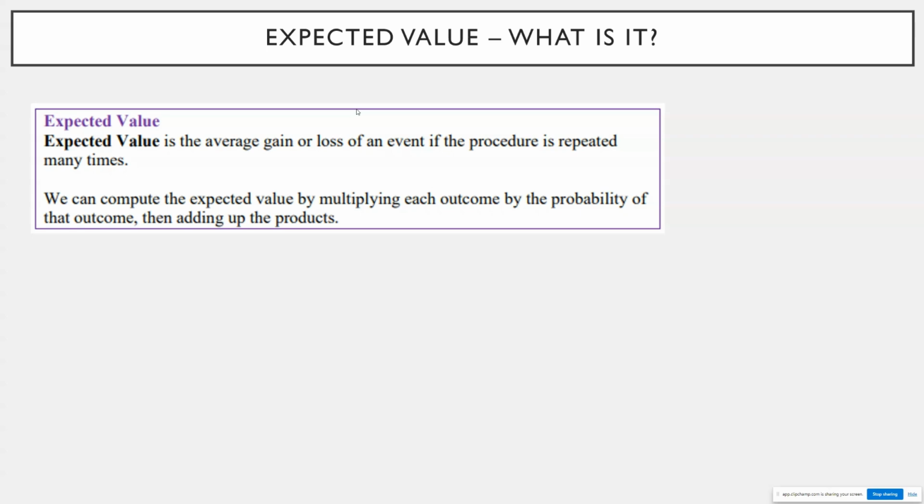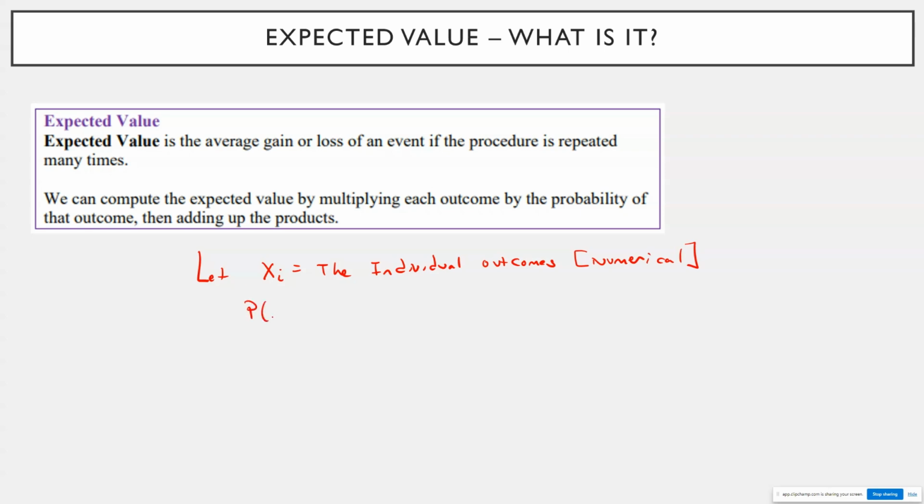And so we can compute the expected value by multiplying each outcome by the probability of that outcome, then adding them up. So it's going to look like this. Let's let x with the subscript i represent the individual outcomes. And what we're going to have to do is have them be numerical, the numerical values of the outcomes.